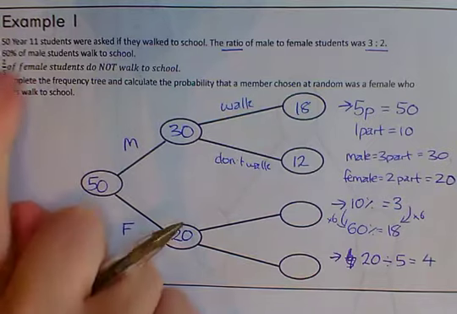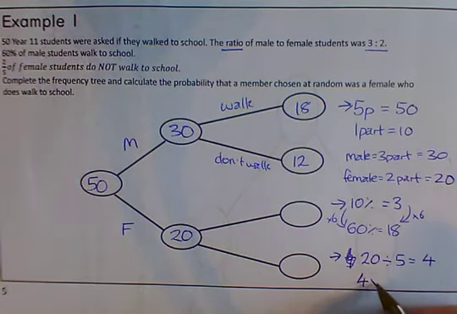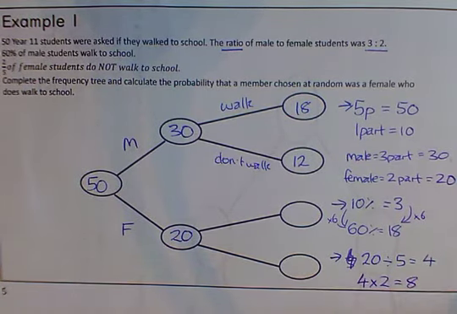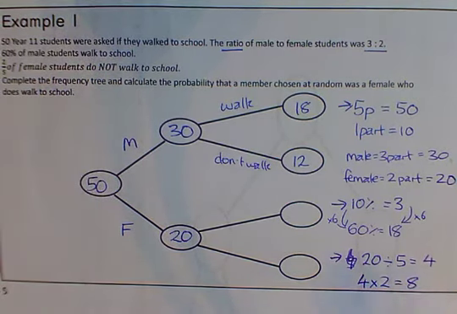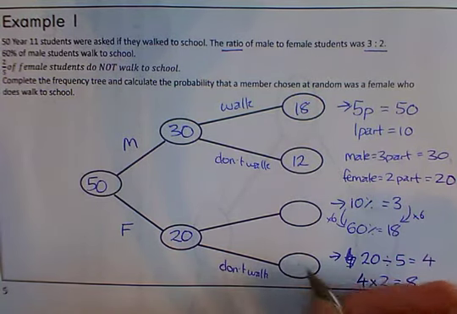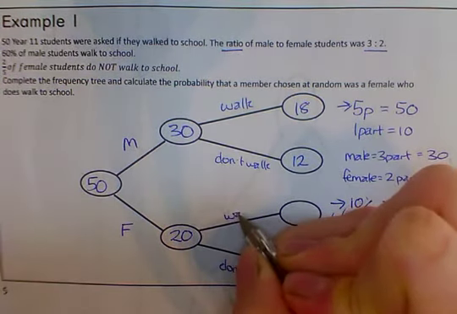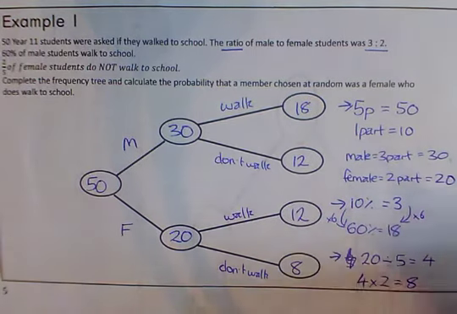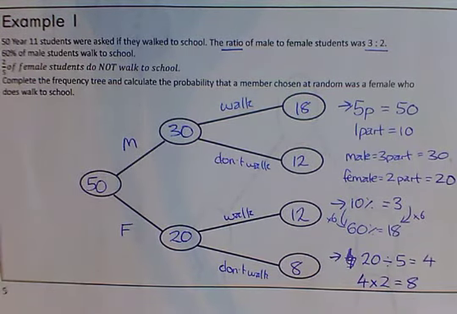Then I need to times this by the top. 4 times 2 is equal to 8. So there are 8 female students who do not walk to school. So I can complete that there, which means that there must be 12 female students who do walk to school.